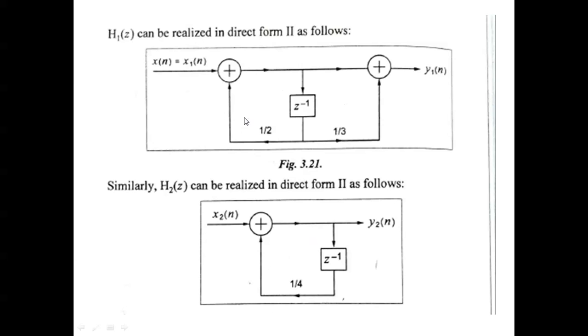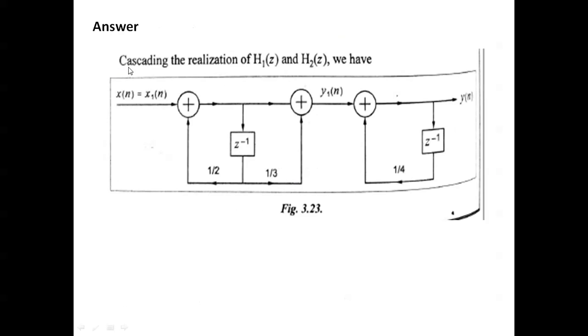There are two forms. Cascading the relation of h1 of z and h2 of z, we have x of n equal to x1 of n and y of n. So this is the value: 1 by 2, 1 by 3, and 1 by 4, and y of n.